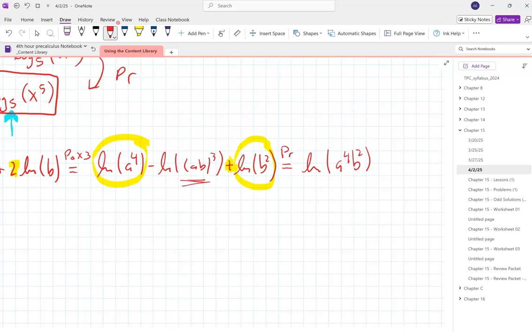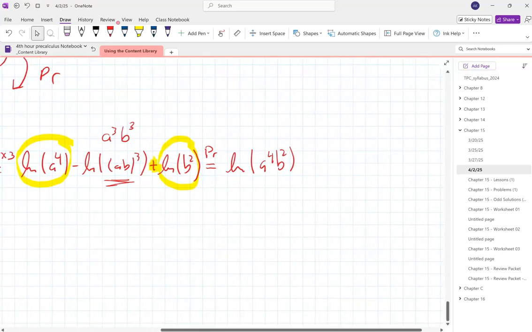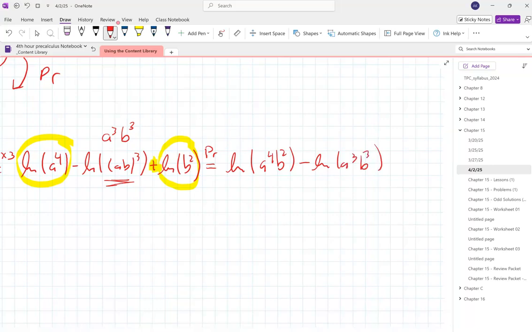And then notice when I did the power property, I had AB to the 3rd, because that power had to apply to both the A and the B inside. So it's really like A cubed, B cubed. So I'm going to do that. Everybody okay?